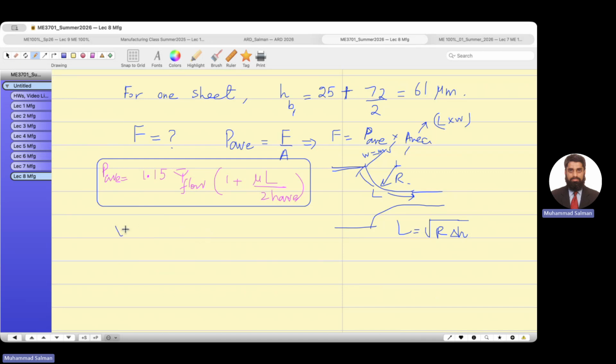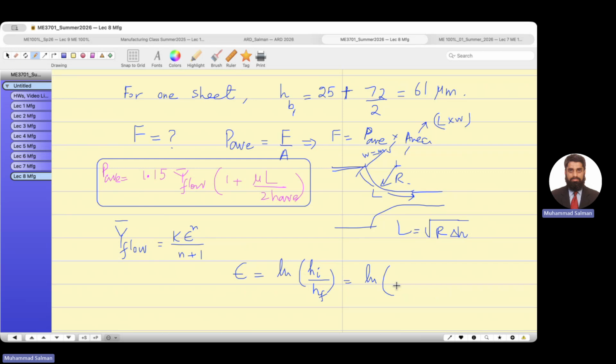And Y flow equals K epsilon to the power n over n plus 1. And strain equals natural log initial height over final height. Let's do this calculation first.